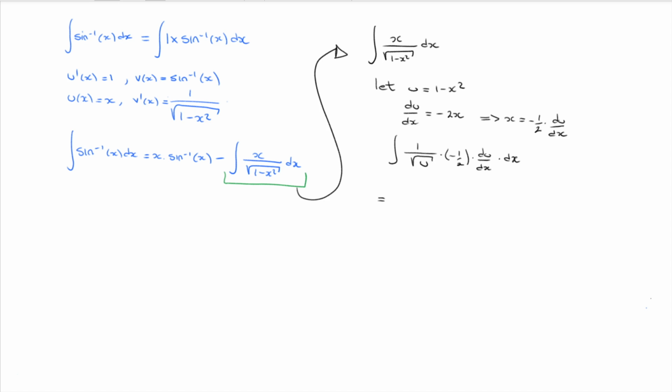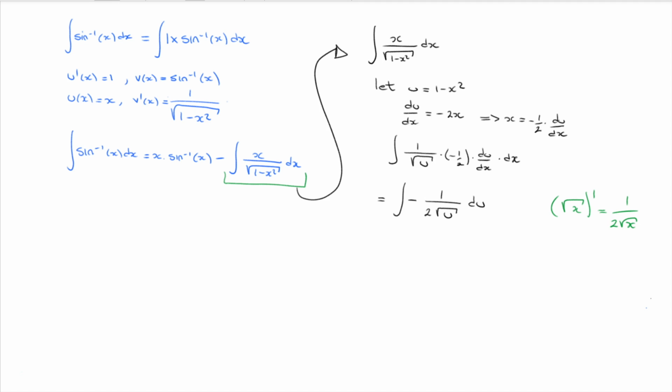This, in turn, is equal to the integral of negative 1 over 2 square root of u. And, of course, we're integrating with respect to u. And now this is quite a well-known result. Remember that the derivative of the square root of x is 1 over 2 root x. I'll just write that to make things a little clearer. The square root of x has derivative 1 over 2 times root x.